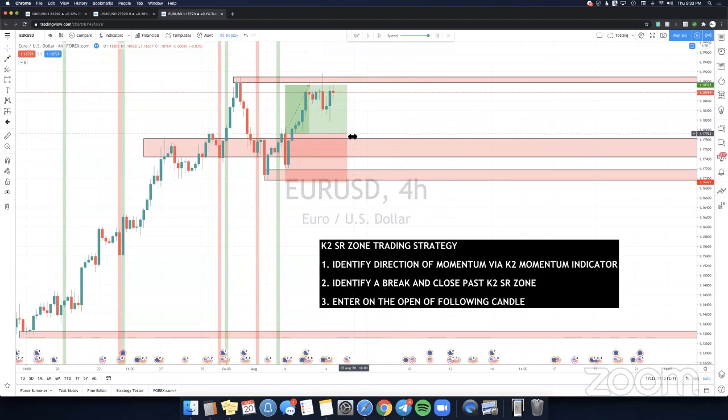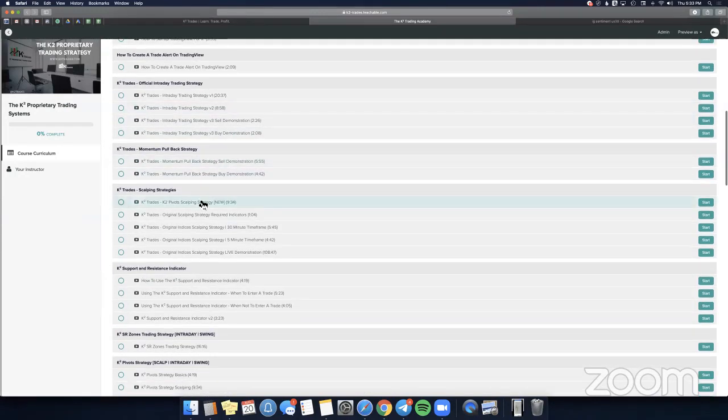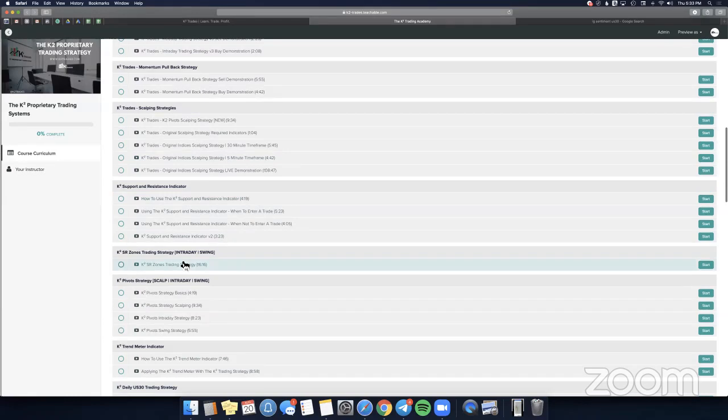It's hard for you to lose if the strategy works so well. It doesn't matter what strategy you use because they're all equally good. A lot of people ask me, what's better, what's not better. There's no easy answer to that because they're all good. So it doesn't matter if you want to use the intraday strategy, the momentum strategy, the scalping strategy, the zone strategy.